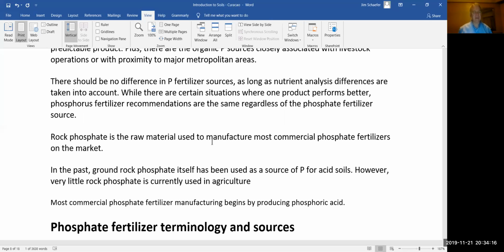By contrast, if you use chicken manure to add nitrogen to your field, you do not get the same negative side effects as adding anhydrous ammonia in conventional systems.